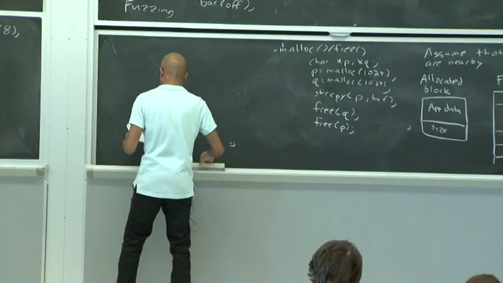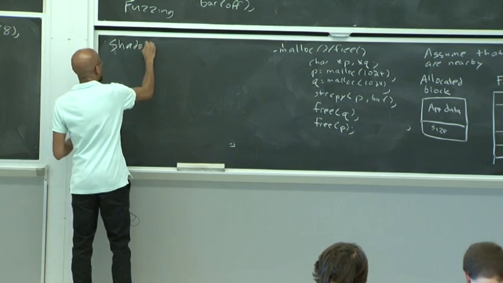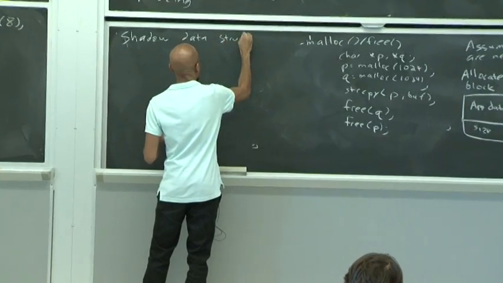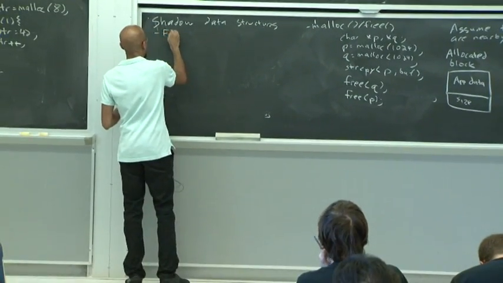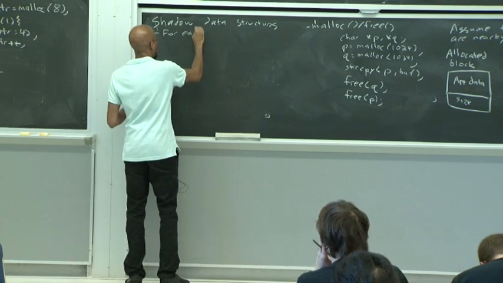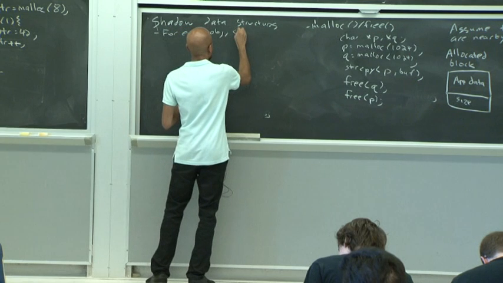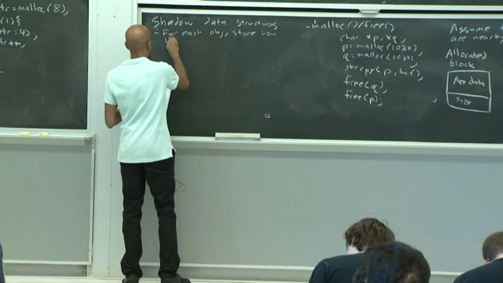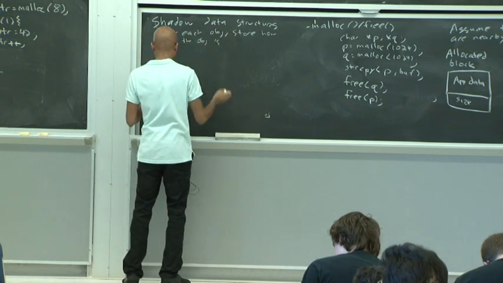So the basic idea for the shadow data structures is that for each object that you allocate, you want to store how big the object is. Right?